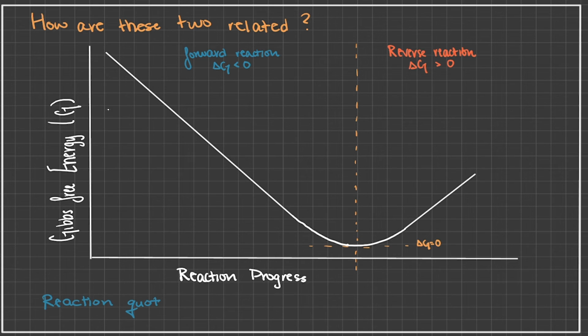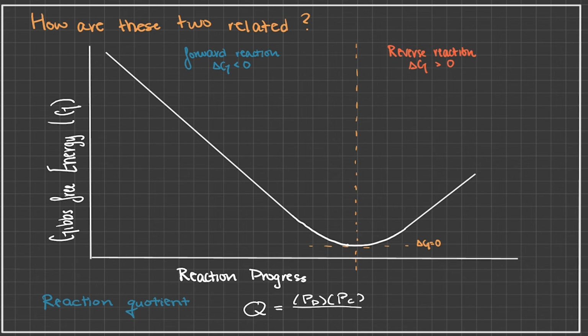As the reaction goes forward, we can see that our Gibbs free energy is decreasing, and this is when our reaction is occurring forward and our delta G is below 0. Right as delta G equals 0, this is where we hit our equilibrium. This is where the concentration of both the products and the reactants is the same.